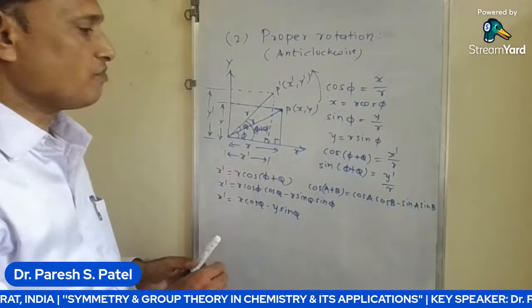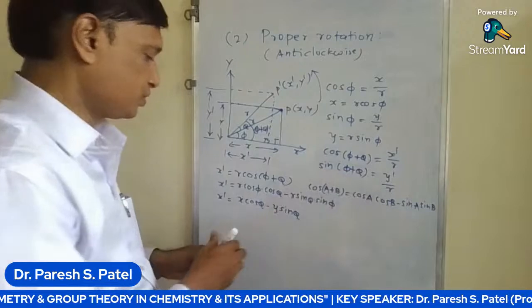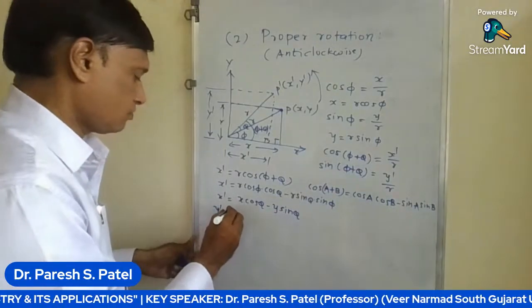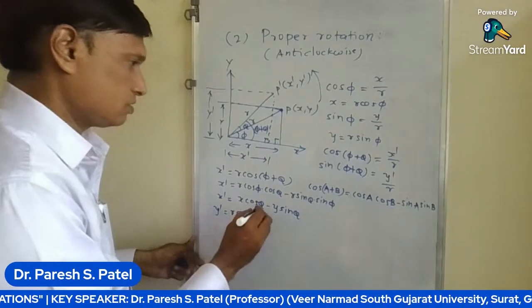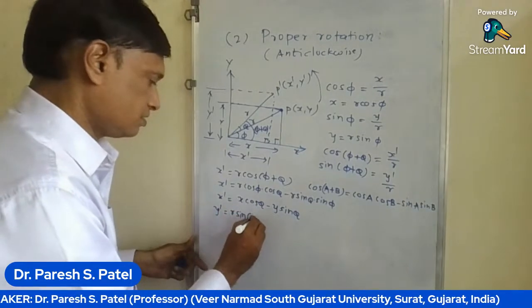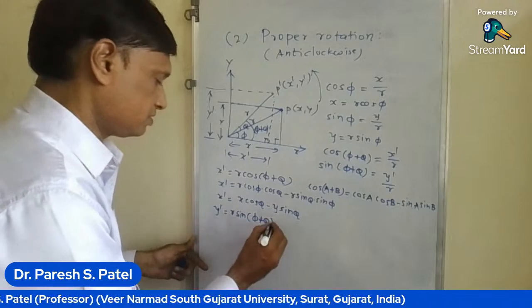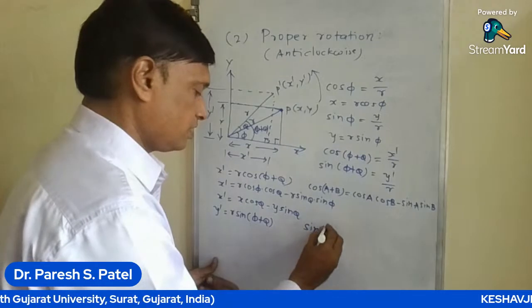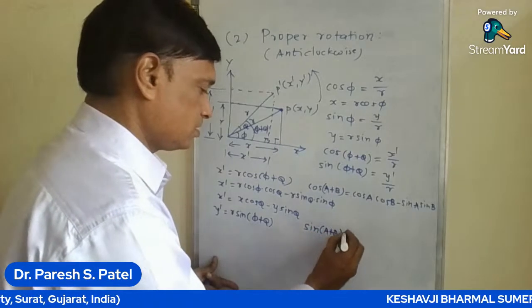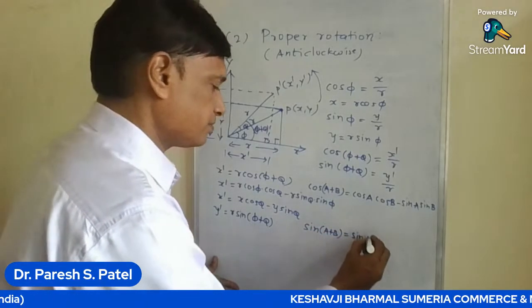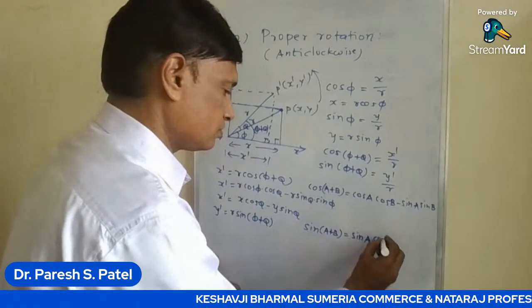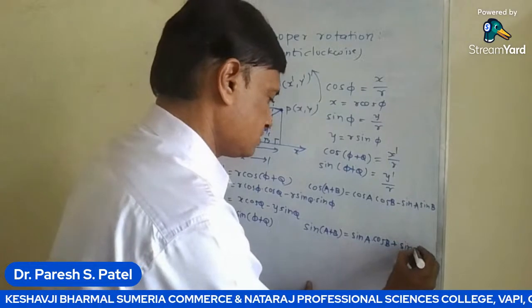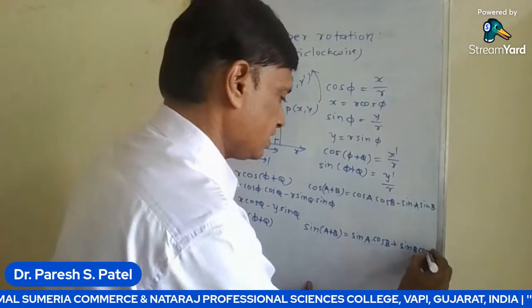Similarly, if you go for y dash, it is equal to r sin(phi plus theta). Sin(a plus b) is equal to sin a cos b plus sin b cos a.